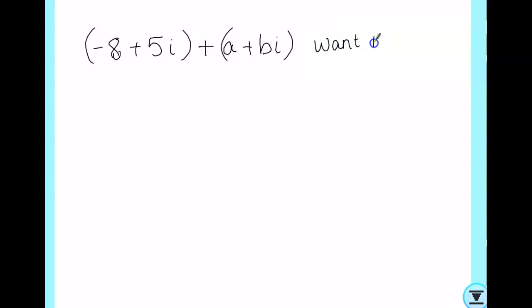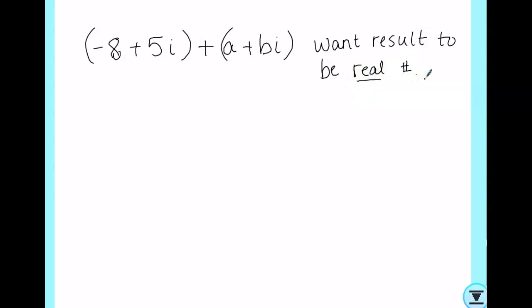So for example, if I want to add -8 plus 5i plus a plus bi, and I want the result to be a real number.